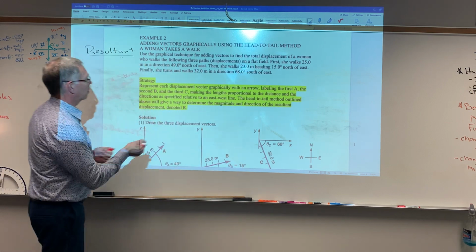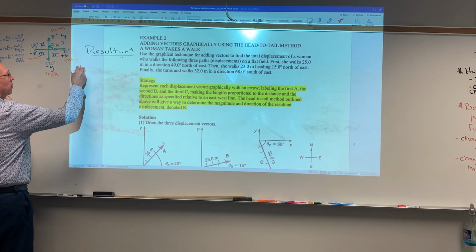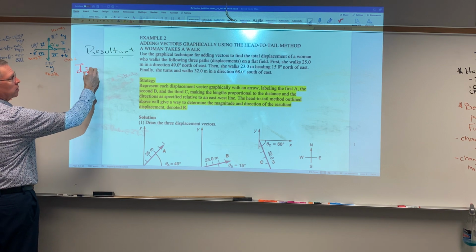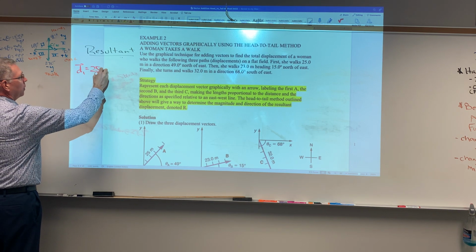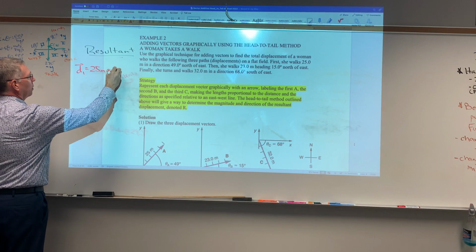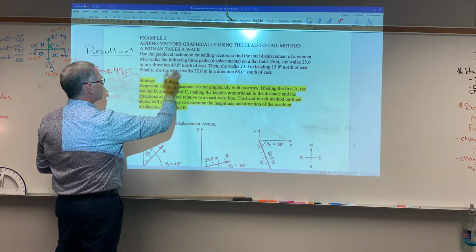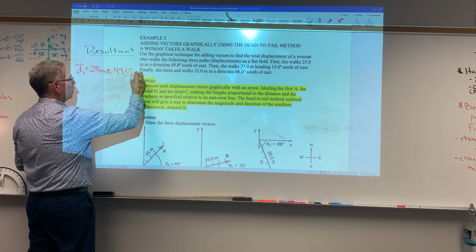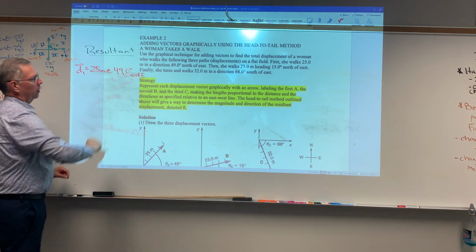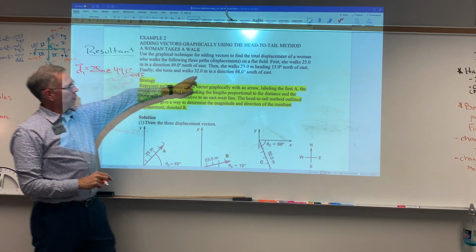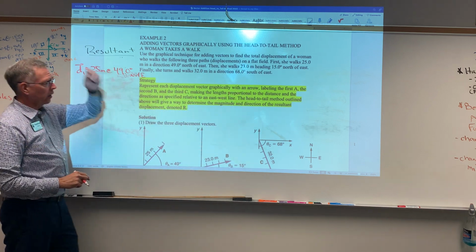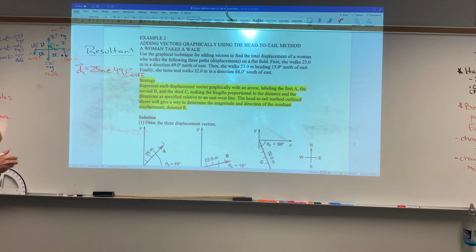First, she walks, okay, number 1 is 25 meters at 49 degrees north of east. We'll talk about that in just a minute. Then she walks 23 meters at a heading of 15 degrees north of east.